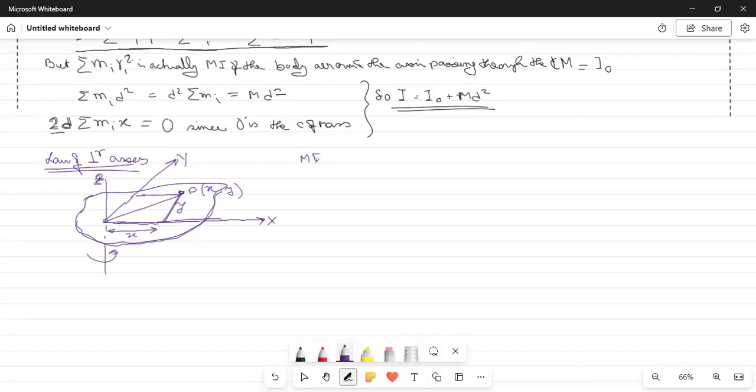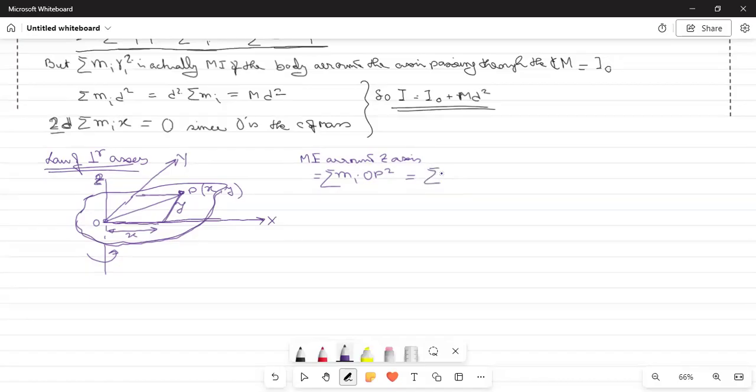moment of inertia of the point around the z-axis is equal to the summation of all mi times OP squared, if this point is O. Right? Now OP squared is equal to x squared plus y squared.